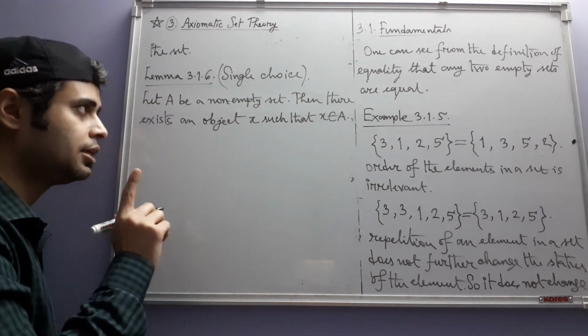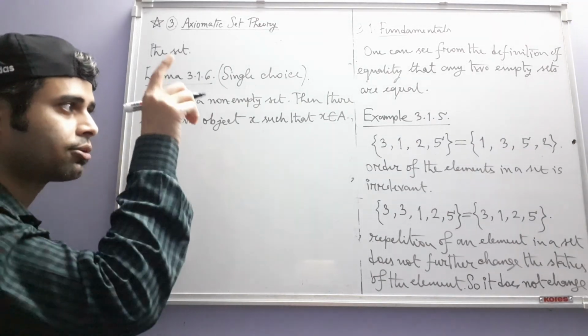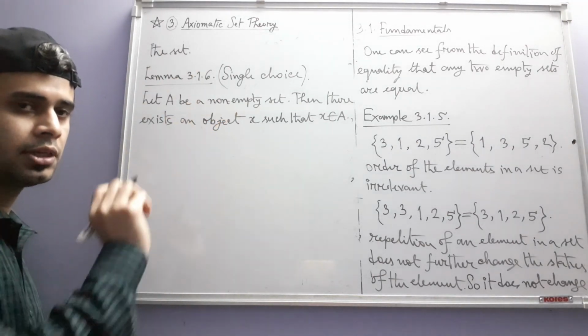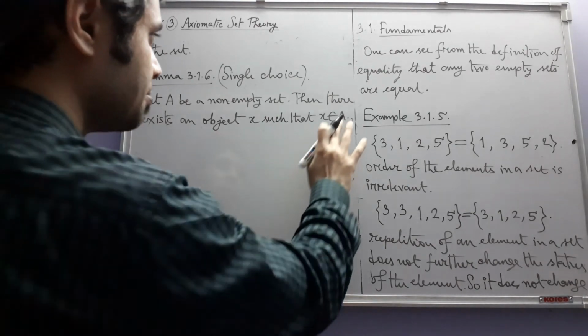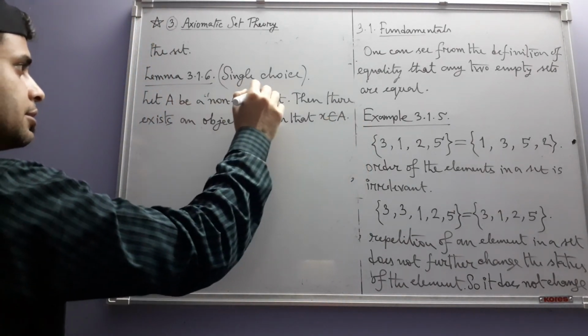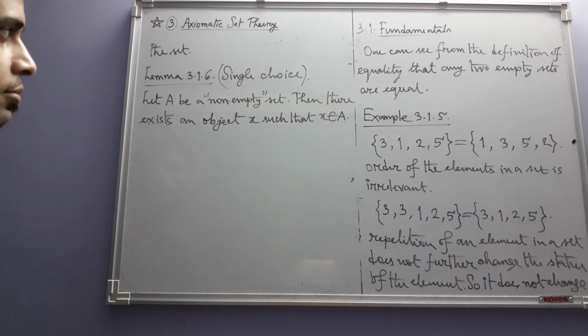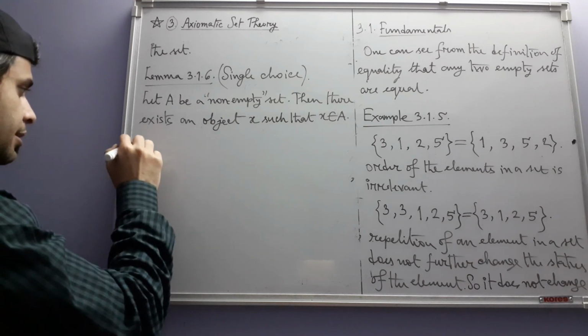Not equal to the empty set is available to me, because I already have the definition of equality. Things should be kept straight. So with the assumption that I have defined this, this is the lemma, which looks almost obvious, but nevertheless it needs a proof.